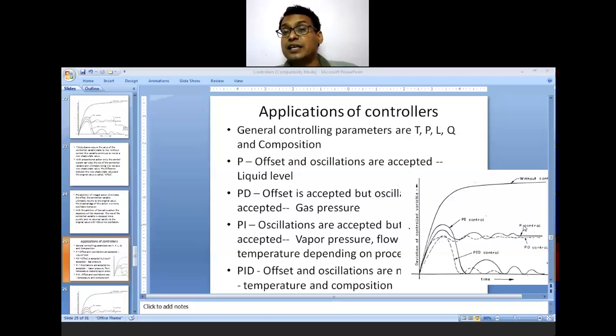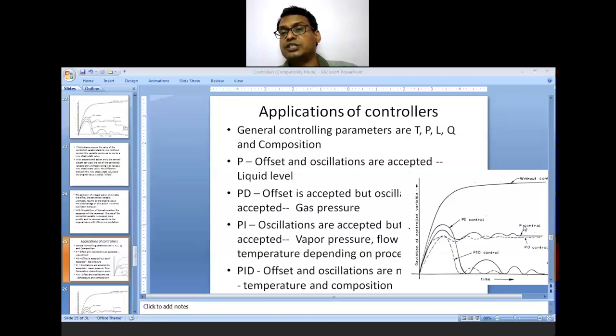Now, if there is a gas pressure, a proportional derivative controller can be used, where the offset is accepted but no oscillations are accepted. Variation or fluctuation in the pressure is not accepted. Pressure variation is not accepted. That is why we can use the proportional derivative controller.